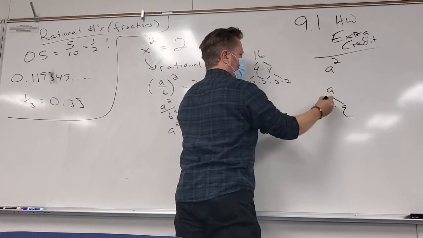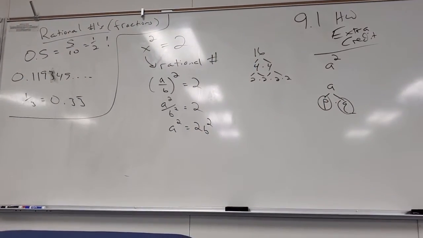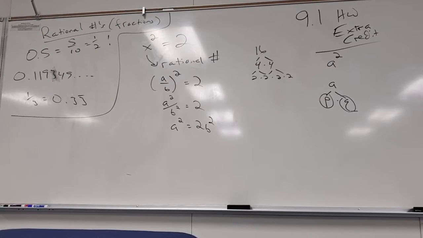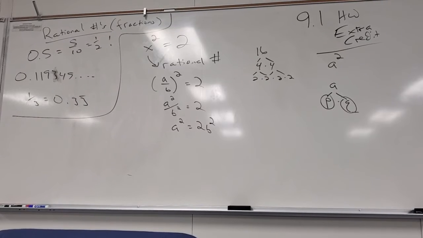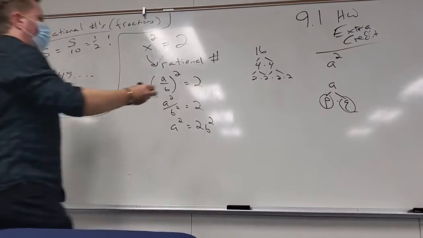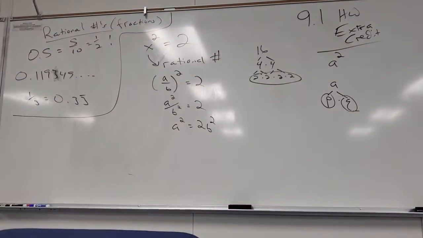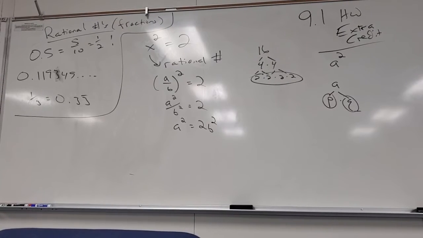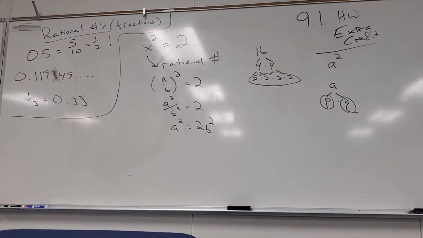When I square it, it's going to have 2 of each of those. It's impossible for a square number to have just one. The factors have to show up in pairs, which means it's always got to have an even number of prime factors. Since they show up in pairs, it's got to be an even number.